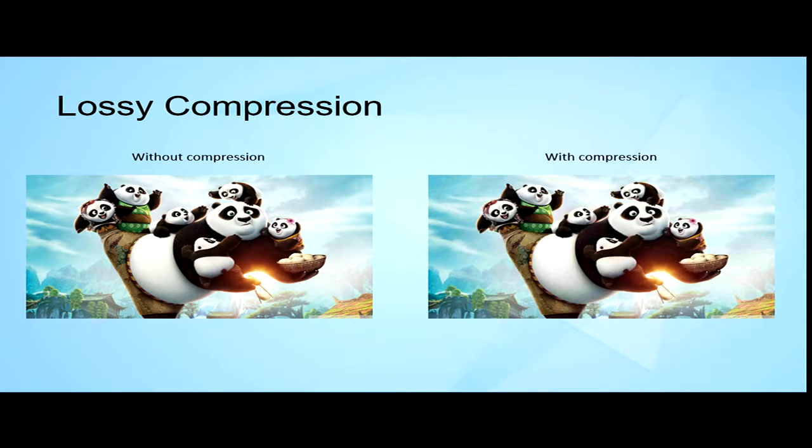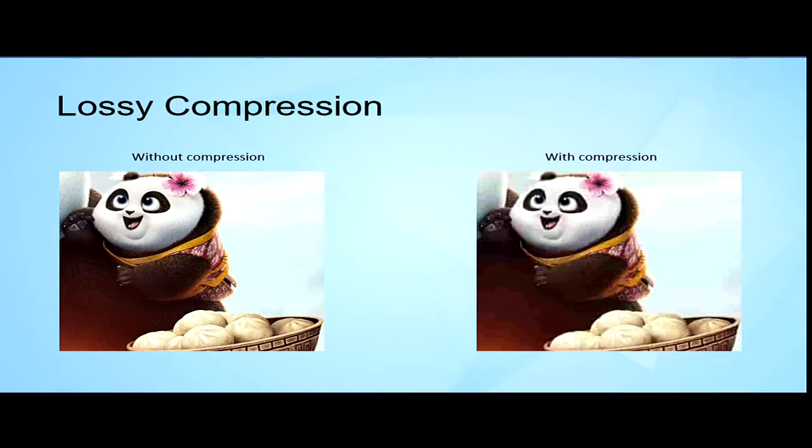In lossy compression, the left picture is the one without compression, and the right picture is the one with compression. You cannot see the difference right now; it looks identical. However, if we zoom in a bit more on one of the pandas, you can see that the right one has lower graphics quality compared to the left one.